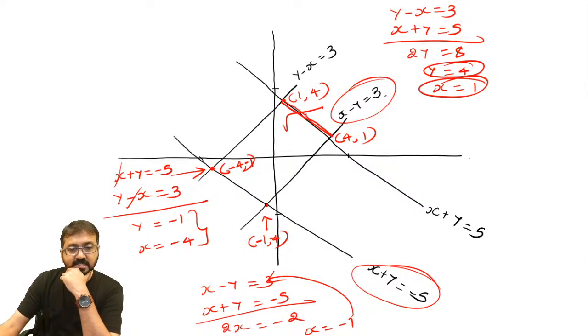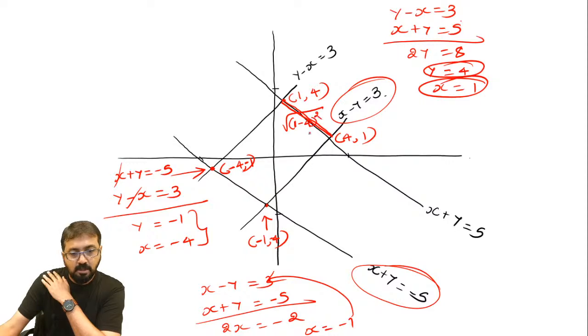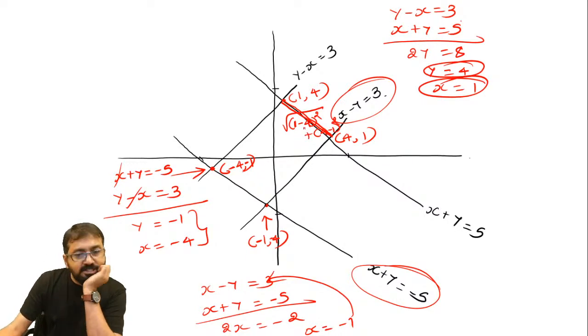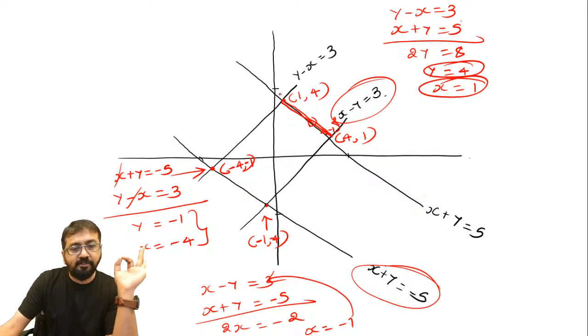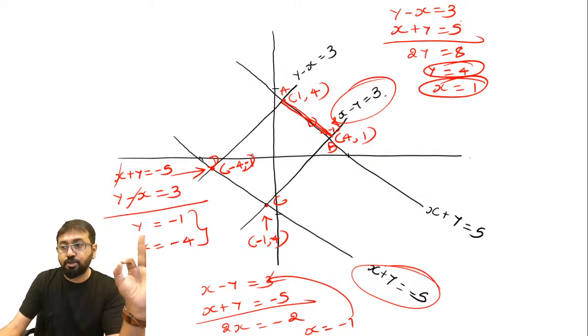I've just corrected this. So this will be under root of 1 minus 4 square plus 4 minus 1 square. So if you solve this thing, you will get root 18. This line will come. See guys, do you understand distance between 2 points? So let me call this as A, B, C and D. We are using a bit of coordinate geometry here.